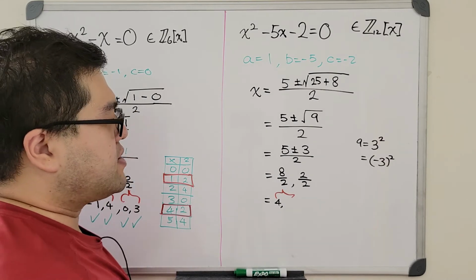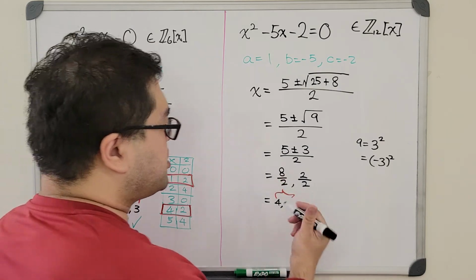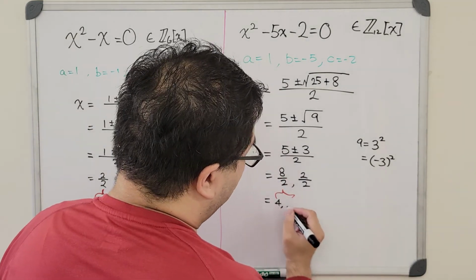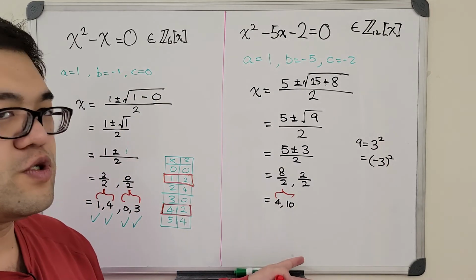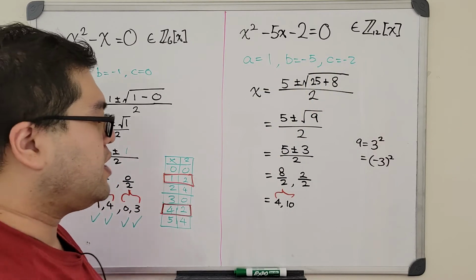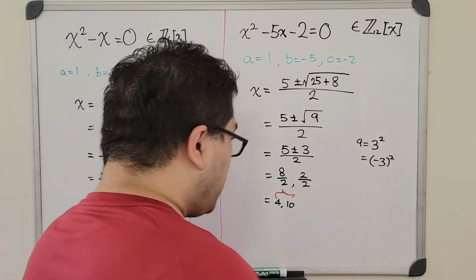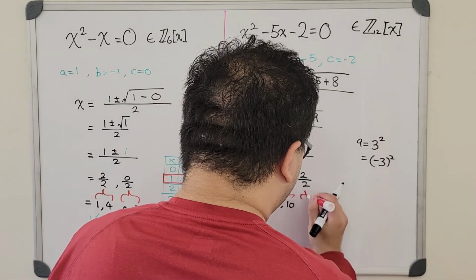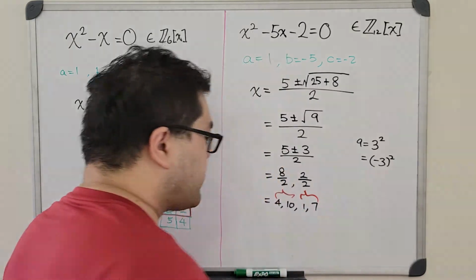So we can add 6 so that the results will not change. In this case, we have 4 plus 6, which is 10, and we can double check. 10 times 2 is 20, and dividing by 12 gives 1 remainder 8, which satisfies the numerator part. Similarly, the second fraction is going to give us 2 answers, 1 and 7.